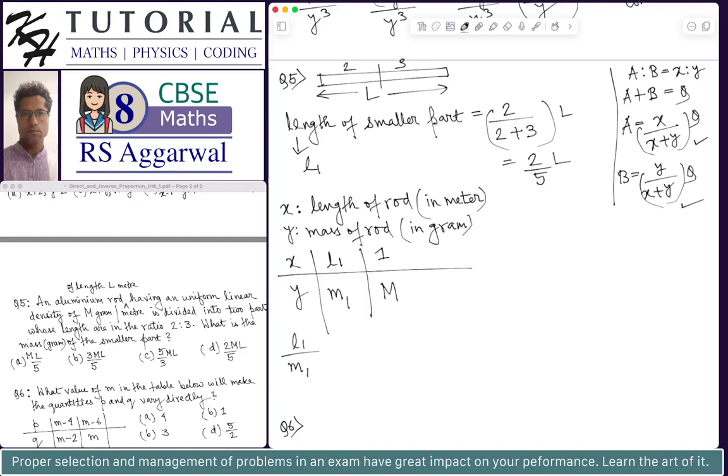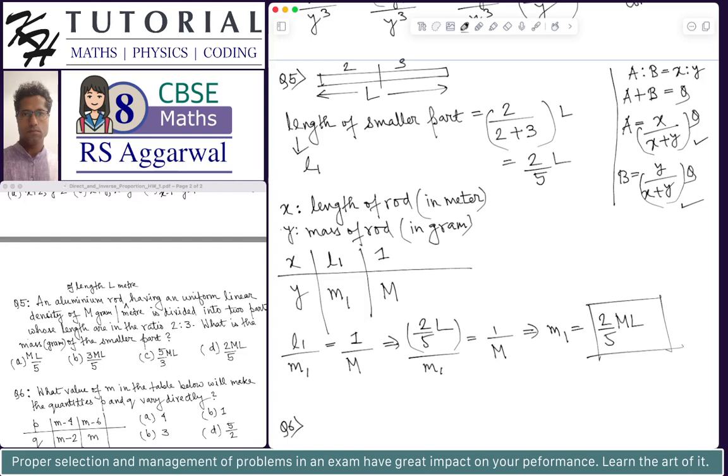From this fact, I can say that L1 by M1 is equal to 1 by M. So this implies 2 by 5 L divided by M1 is equal to 1 by M. After solving this, we get small m1 is equal to 2 by 5 m into L. So this is the mass of the smaller part of the rod, 2 by 5 ml. So the correct choice is choice D.